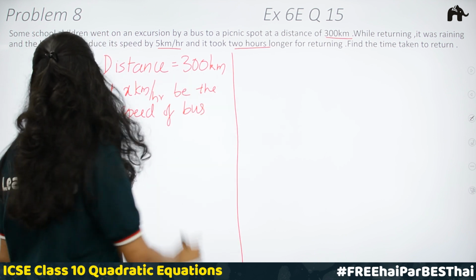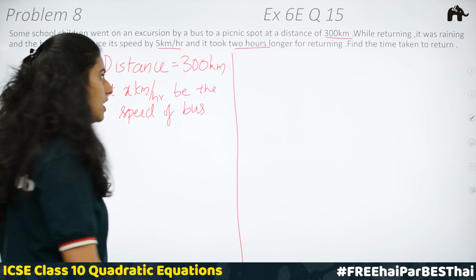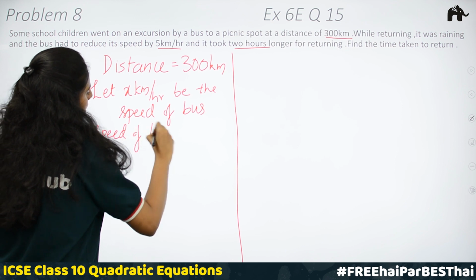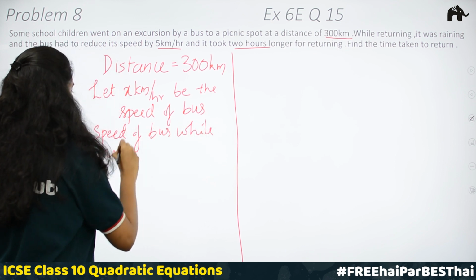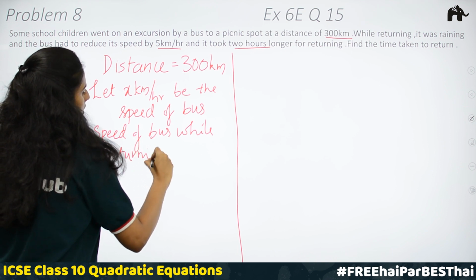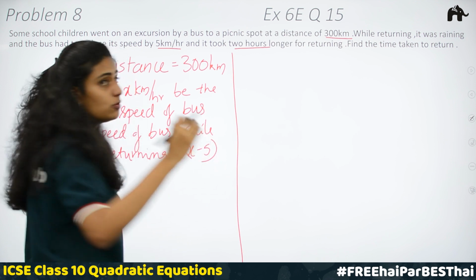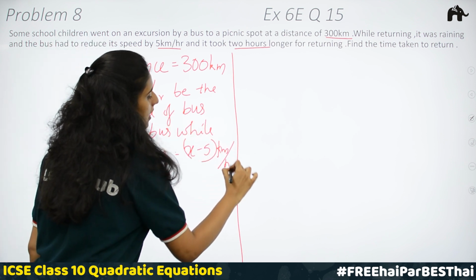It was raining and so the bus had to reduce its speed by 5 km per hour. Then speed of bus while returning will be equal to x minus 5, reduced by 5, that is x minus 5 kilometer per hour.